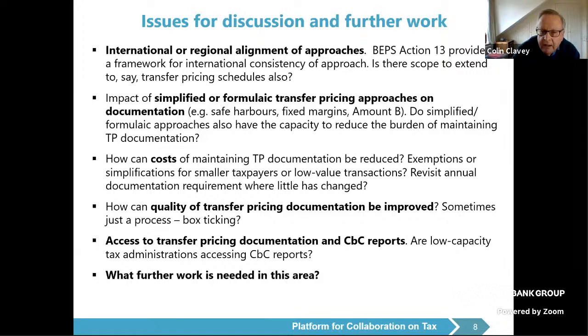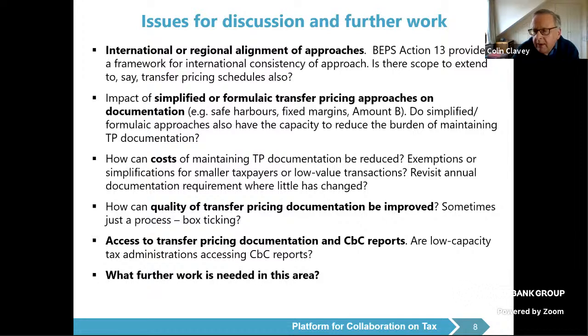The third one, an issue that's been raised for a long time, especially from the private sector, is the cost of maintaining transfer pricing documentation. They can, as we know, be very extensive studies. They can be very expensive. And some countries take different approaches, and some countries have exemptions or simplifications for smaller taxpayers or for lower value transactions.